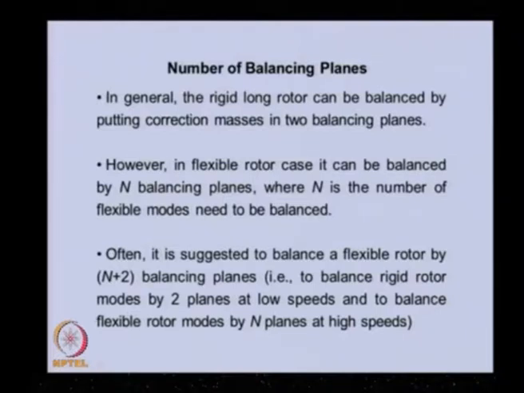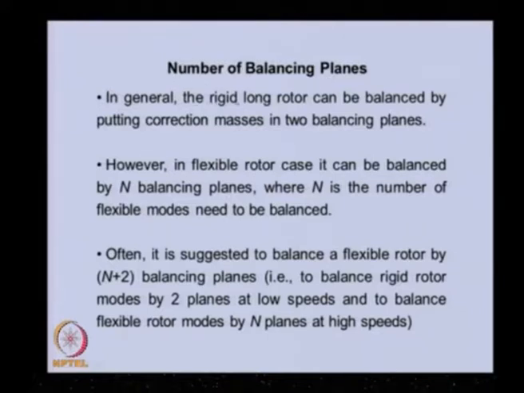When we are talking about balancing, the question arises: how many balancing planes should we have to balance a rotor? Conventionally, we know that for a rigid rotor we require 2 balancing planes, because we need to balance the force as well as the moment.